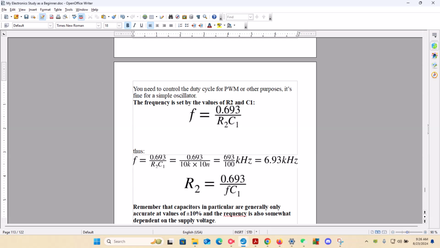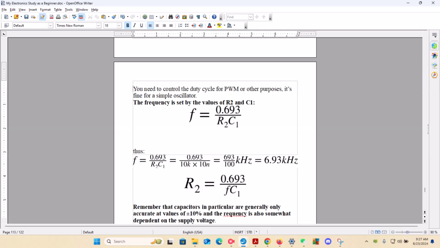Thus, if you follow it logically, frequency equals 0.693 divided by resistance 2 times capacitor 1. And when we break it down even more, that will be equal to 0.693 divided by 10K, which is 10,000, times 10 nanofarads.